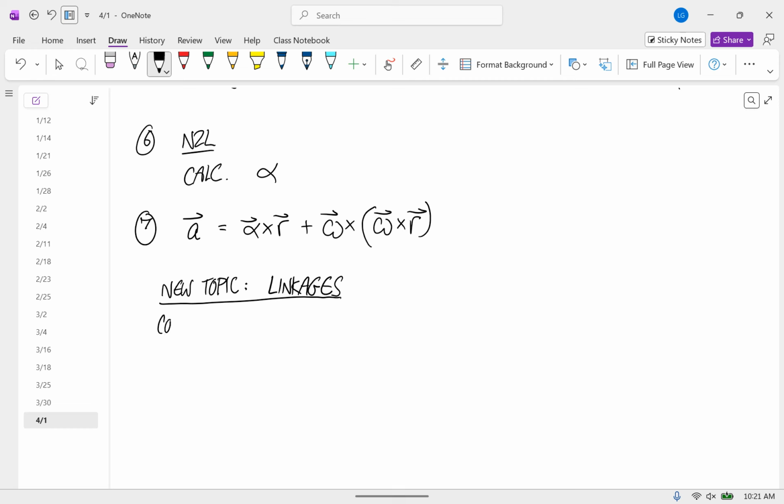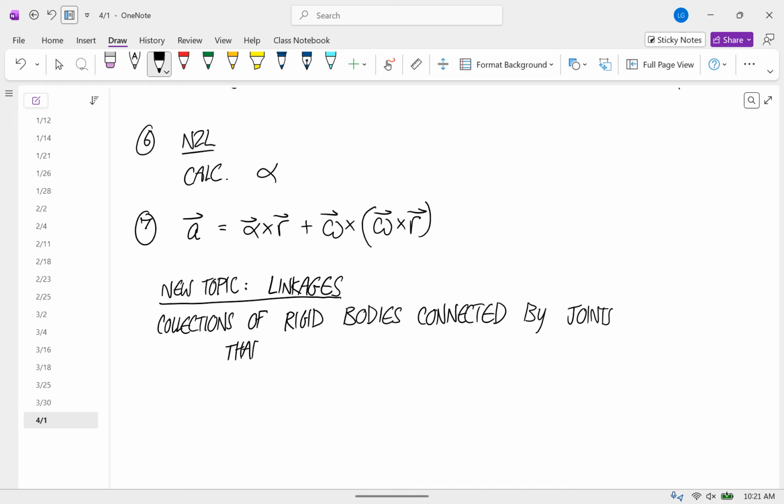Linkages are collections of rigid bodies connected by joints that are not static.